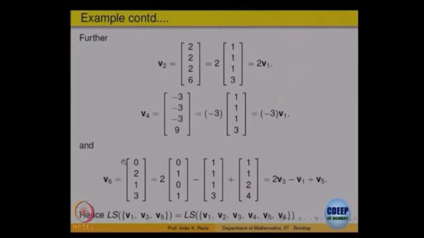So that means the vectors V2, V4 and V6 which were not selected as part of the pivotal columns are expressed as linear combinations of the pivotal columns of A itself. So all the vectors V1 to V6 are linear combinations of those 3, right, and those 3 were linearly independent, that means those 3 form a basis for the linear span of the columns, right. So that is how you find the columns.